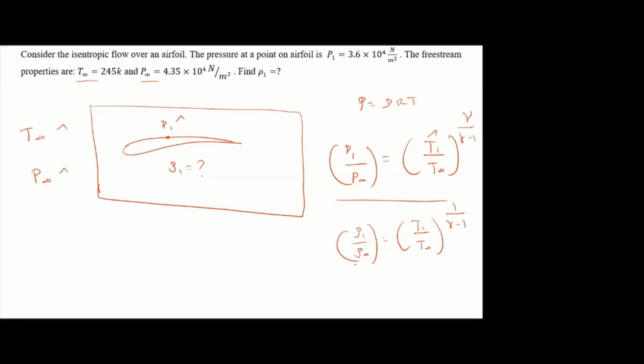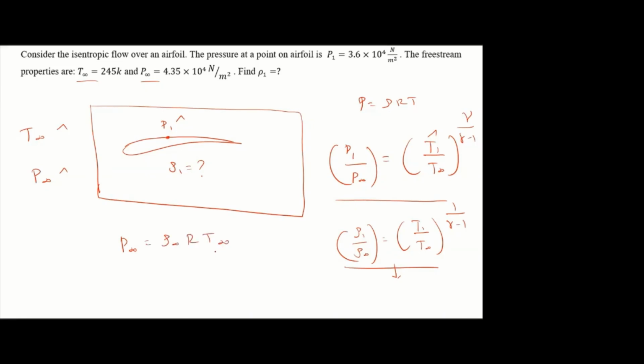So from this equation we can find rho 1, sir. Rho infinity is also unknown. Sir, P equals rho RT, we can find rho infinity, because we have P infinity and T infinity. You are telling this equation, P infinity equals rho infinity R T infinity. Okay.